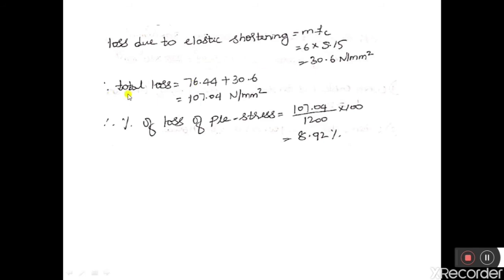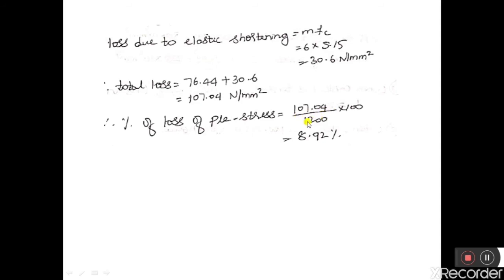So total loss from top and bottom steel is equal to 76.44 plus 30.6, that is 107.04 Newton per mm square, the total loss in the member, considering the bottom steel as well as the top steel. Therefore, percentage loss of prestress is equal to the total loss of prestress divided by the initial prestress.